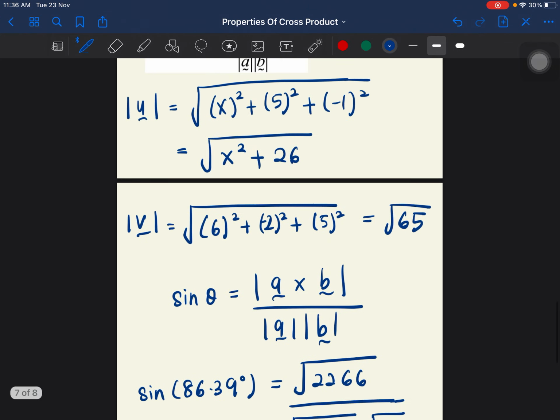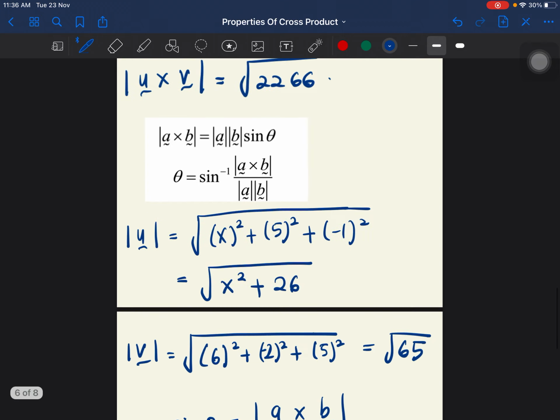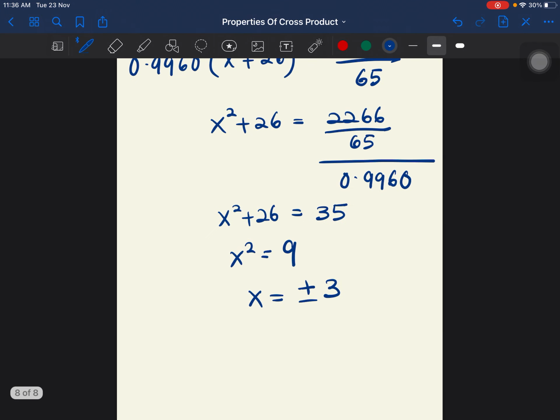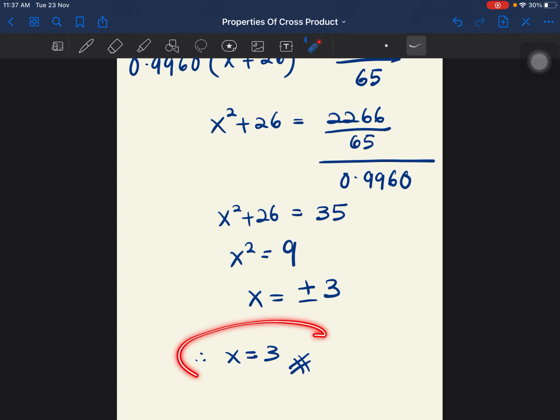But the question asks you to get the positive value of x. So your answer should be x is equal to 3. This should be your last answer, not the other one, because when you have a square root you will have the plus minus sign, isn't it? So you have to take the positive value, since the question asks for the positive value of x.